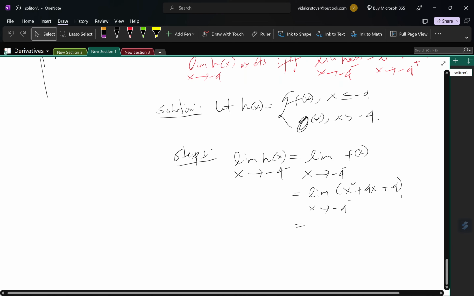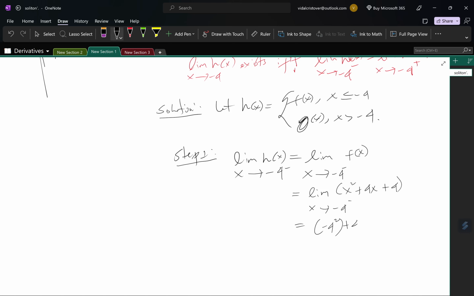Pwede rin i-substitute ang negative 4. So, na kay negative 4 squared plus 4 times negative 4 plus 4. So, this is equal to 16. Negative 16 plus 4. So, this is equal to 0. So, this is equal to 4. So, from the left ni negative 4, ang ato ang value is 4.